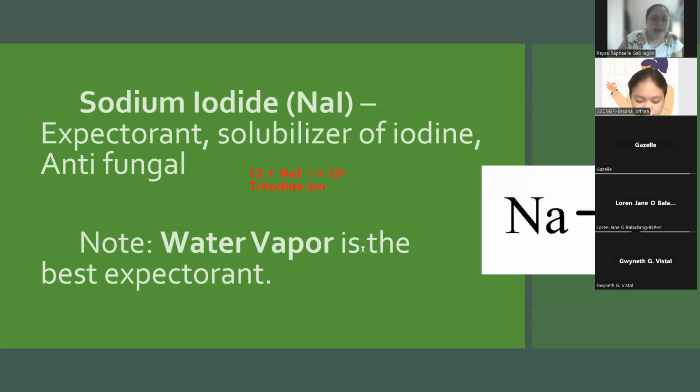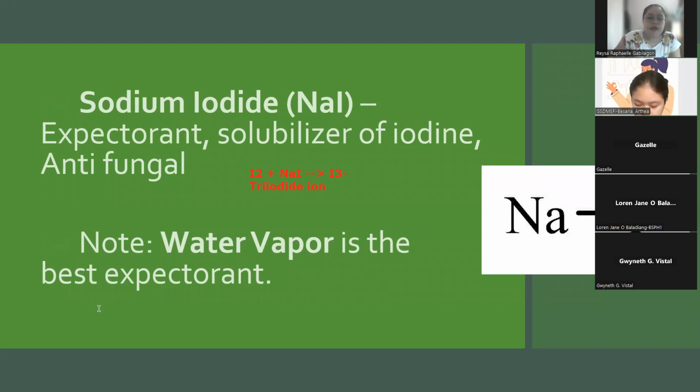Okay, so iodine class, sodium iodide is our source of iodine for our thyroid gland. Because remember, if we have deficiency in iodine, it will lead to, for example, goiter. Okay? Yan yung problem natin with our thyroid gland. But actually, iodine is a member of the trace elements inside our body.